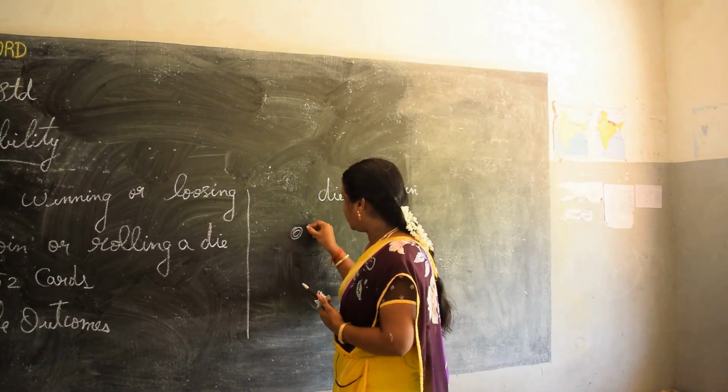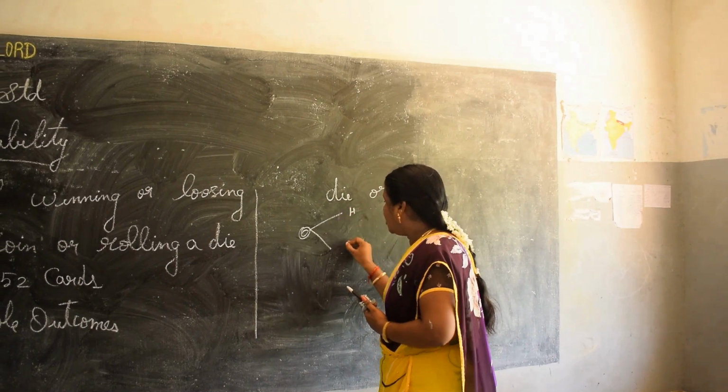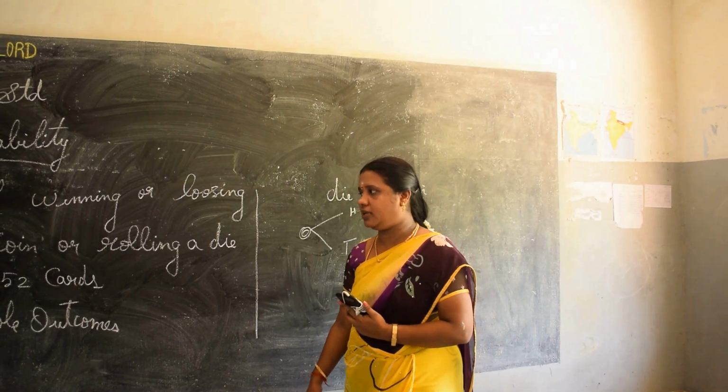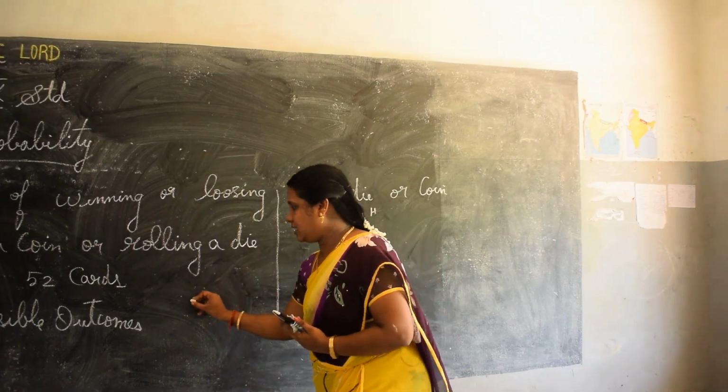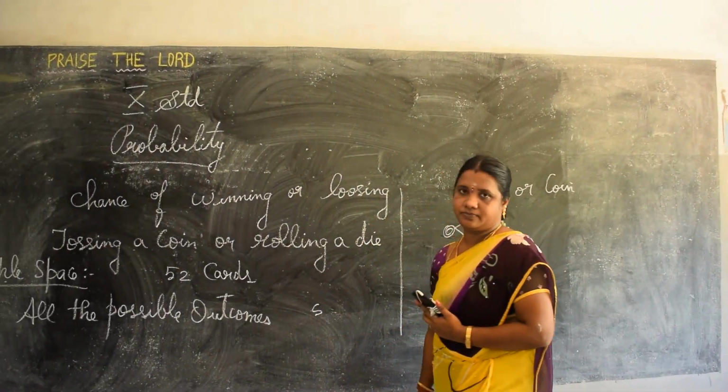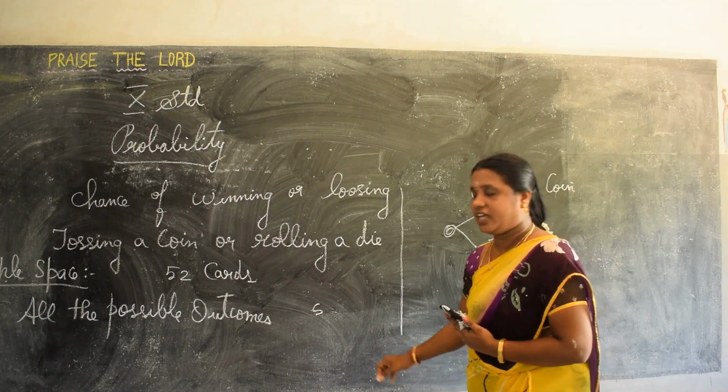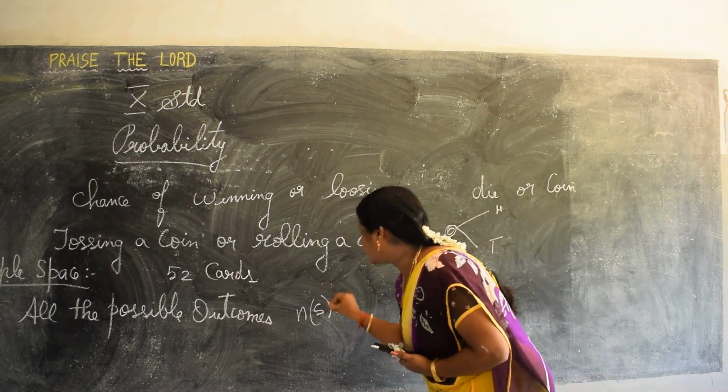If you are tossing a coin, you will get head or tail. This is our possible outcome. So, all the possible outcomes form the sample space. We can denote it by S. The number of possible outcomes we can denote by n(S).